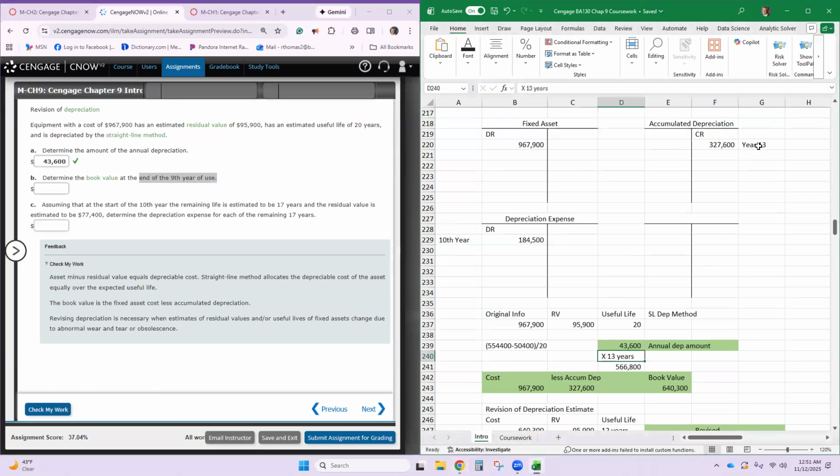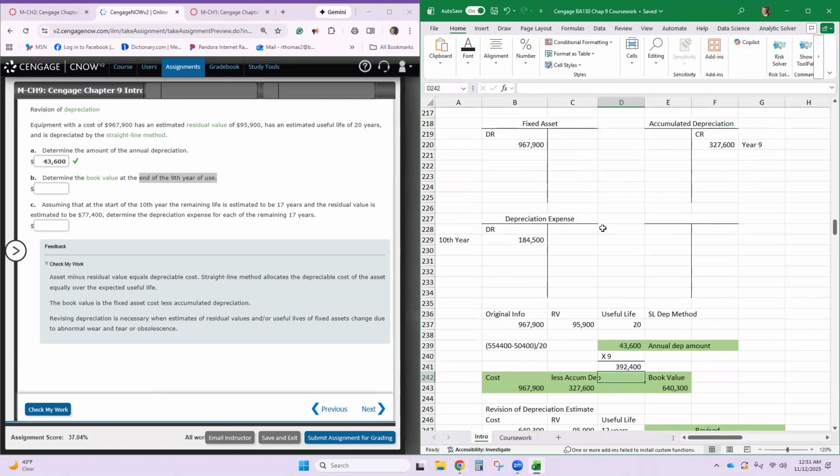All right. So let's put year 9 here. If you have the same amount of depreciation each year, you just need to take it times 9.